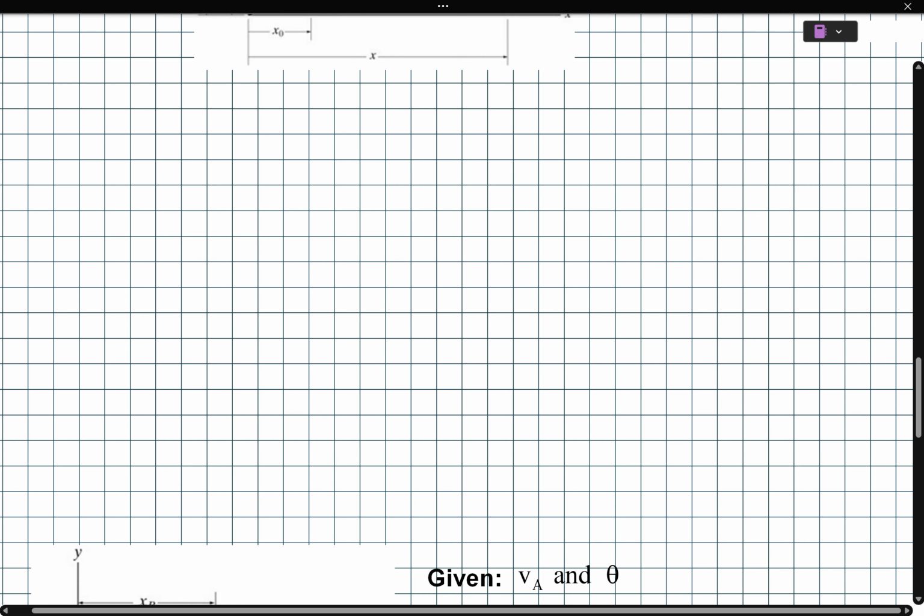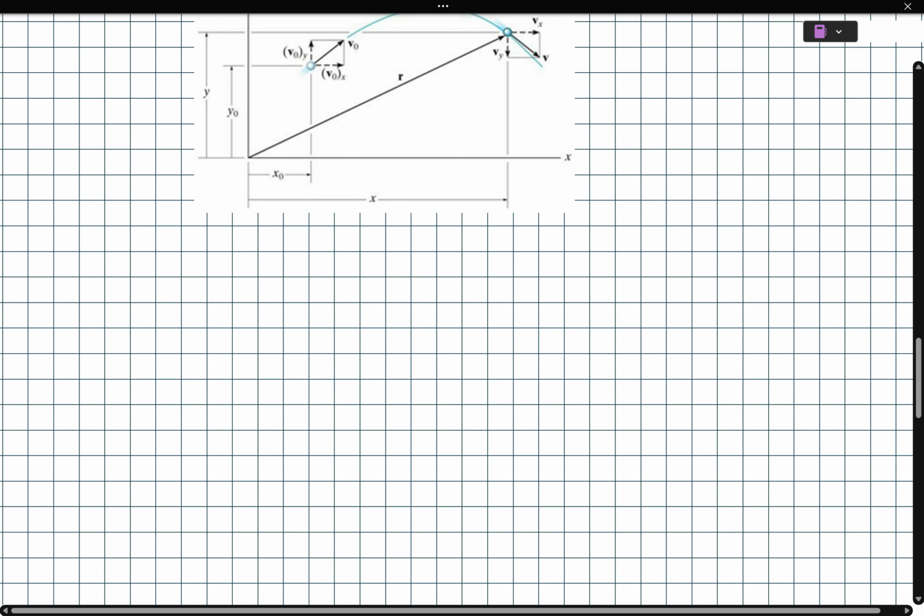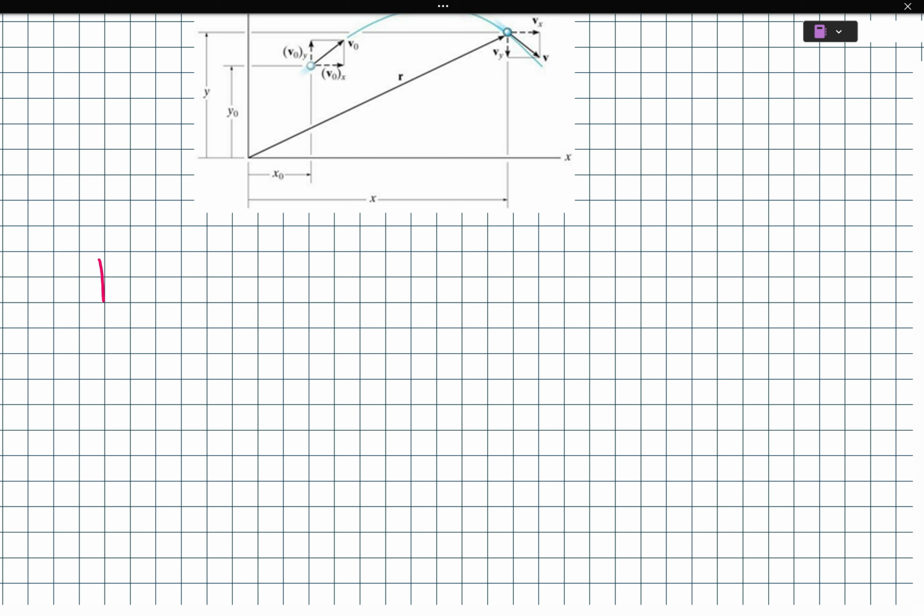Then there will be kinematic equations, and this time we're looking at vertical motion.